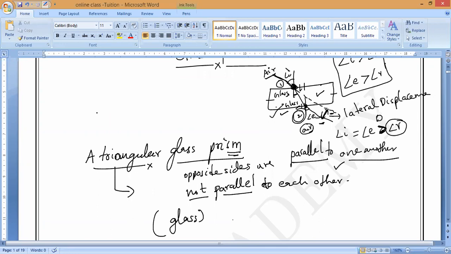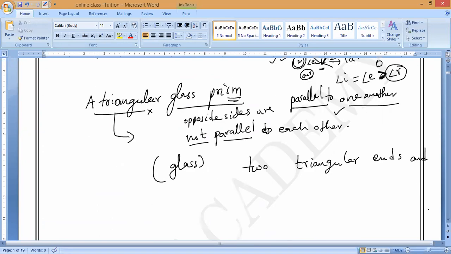Now you can see it has two triangular surfaces, the triangular ends, and three rectangular surfaces. Three rectangular sides, or else we can say rectangular faces.